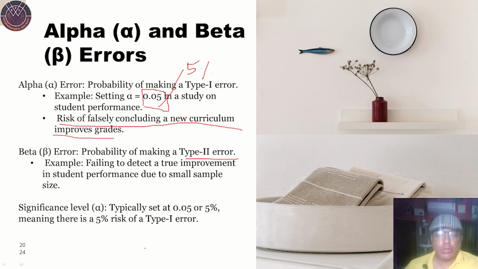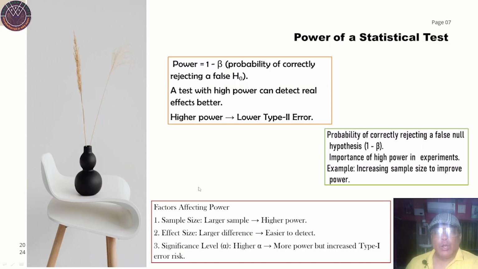There you can understand what the significance level is and how alpha is related to type 1 error. I already told you that it is typically set at 5%, meaning there is only a 5% risk of type 1 error. Now there is one term which is quite popular, you must have heard: power of a statistical test.